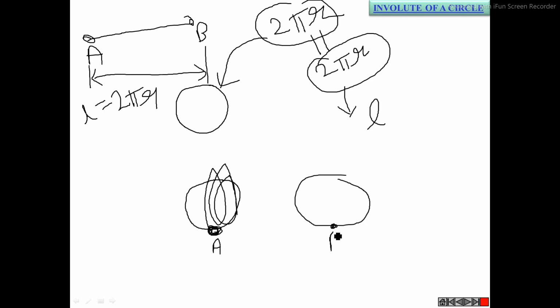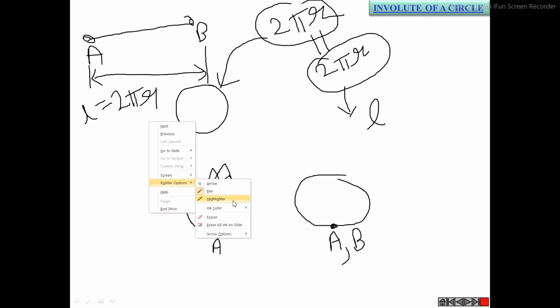That means I am starting from end A and I should end up at end B. So when you wrap completely, where will end B lie? Exactly at point A. Yes or no? Yes, sir. Okay, so you have fully wrapped the circumferential length of the thread.